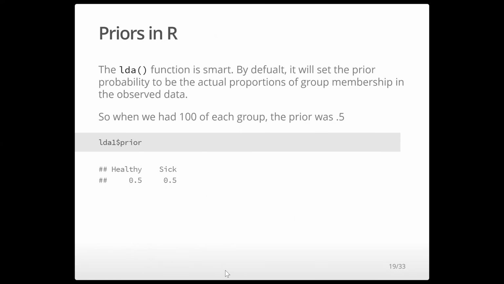Whereas this was a little complex when we were incorporating cost, the LDA function is smart, so it's going to do this for us. By default, it's going to set the prior probability to be the actual proportions of group membership in the observed data. So when we have 100 of each group, the prior was 0.5 for both groups, because the data set was balanced.